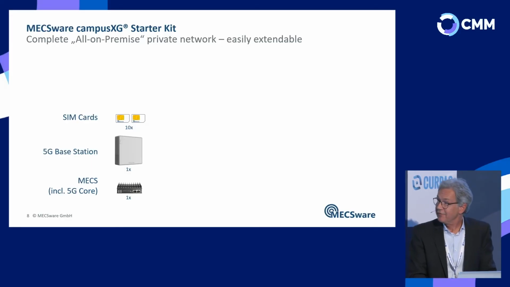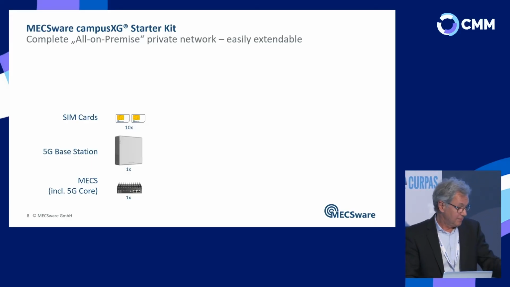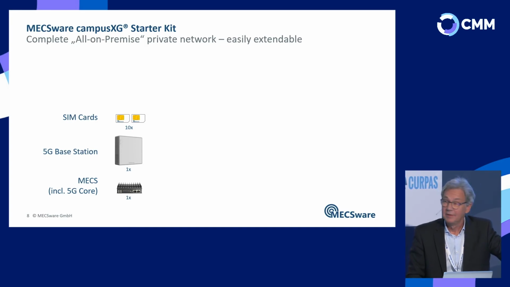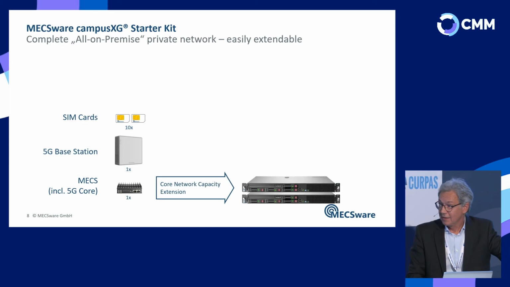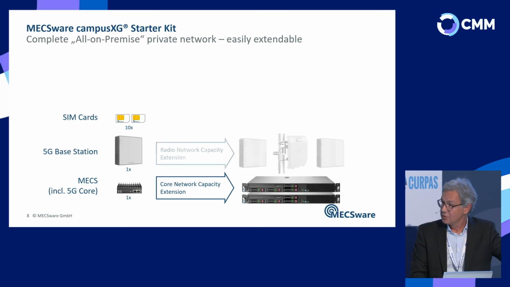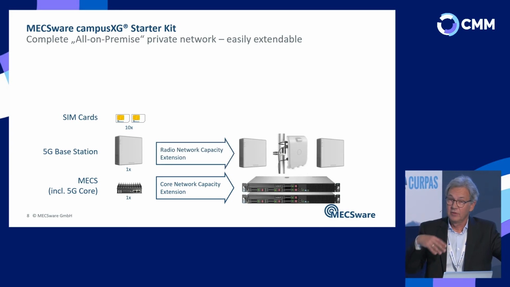All right, finally, if you think that's the only way to build a campus network, no, of course MECSware is scaling up, and you can run the same software on 19-inch servers, even multiple of them to increase capacity.